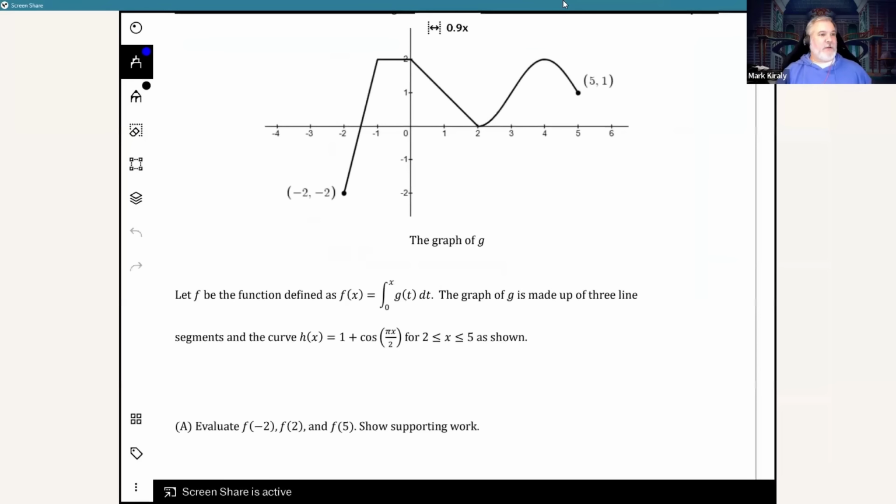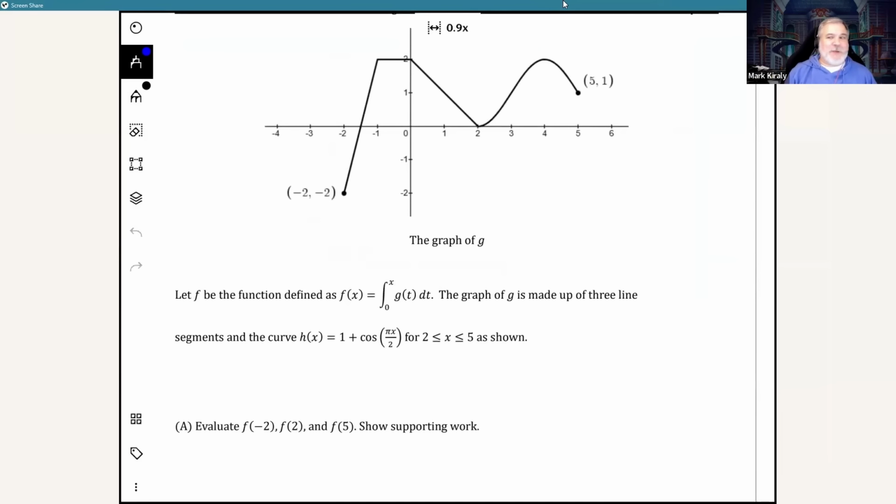All right. So we have this graphical stem, is what we call these. Virge mentioned in episode 3 that the stem is the given part of the problem, which in this case is the graph all the way down to here. And they describe it to us. It says the graph of g, the endpoints are labeled. Let f be the function defined as f of x equals the integral from 0 to x of g of t dt.